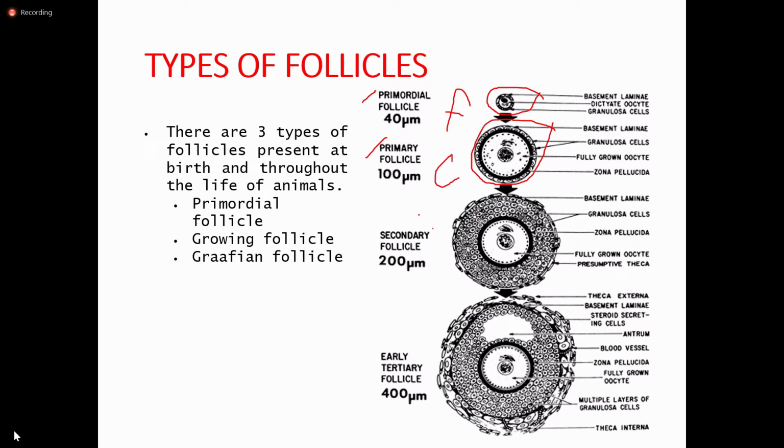For the secondary follicle, this is composed of 6 to 9 layers of cuboidal granulosa cell and a complete ovum or egg cell. Then we have the early tertiary follicle. Why early? Because of the presence of small antrum here. So it is composed of several layers of granulosa cells also.